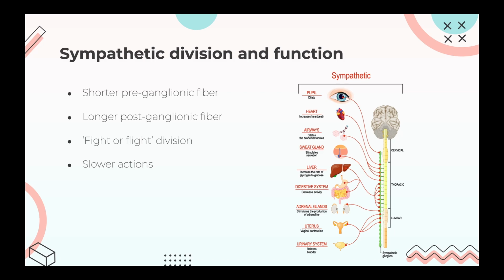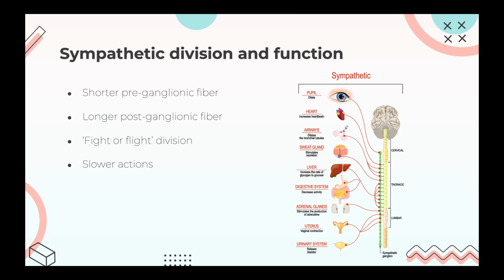It also relaxes your bladder, and in order to urinate, your bladder needs to contract, so it inhibits urination. It will also decrease storage of sugars in your liver, and it will decrease activity of your digestive system.